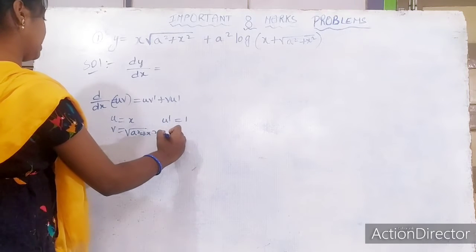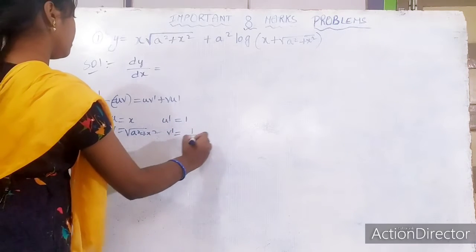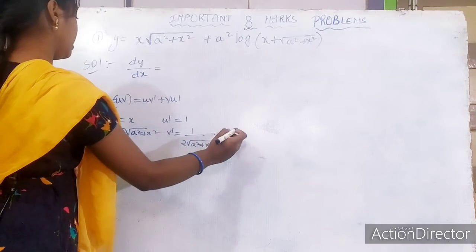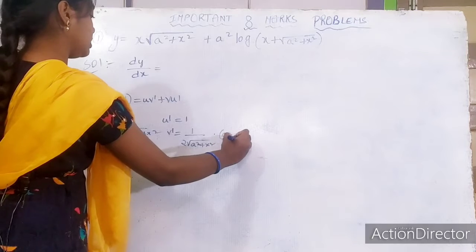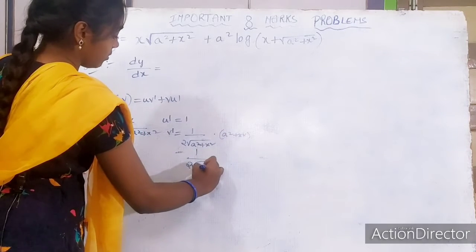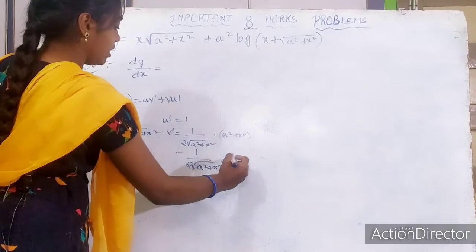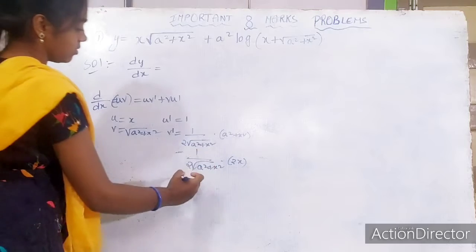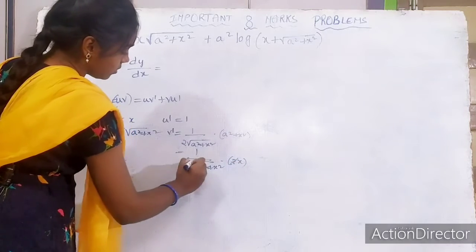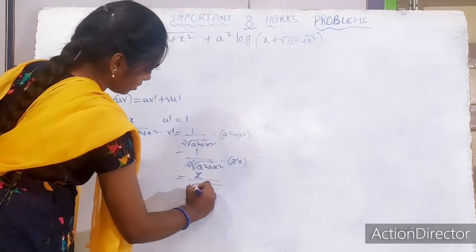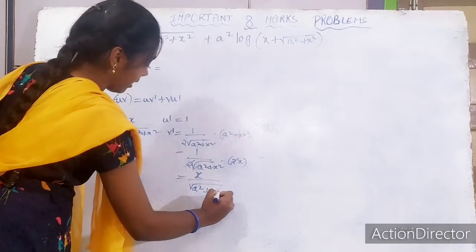So u dash is 1 and v dash is equal to 1 by 2 root of a square plus x square into the inner derivative of a square plus x square, that is 1 by 2 root of a square plus x square into 2x. The derivative of a constant is 0. So 2 gets cancelled, and that is x by root of a square plus x square.